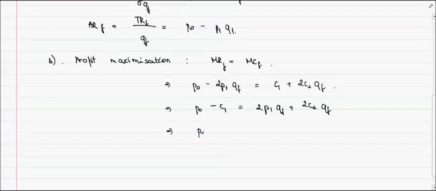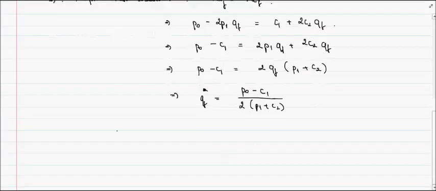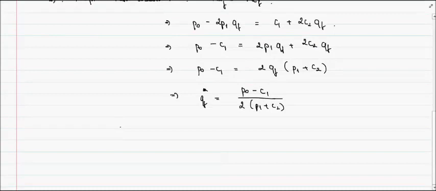And so P0 minus C1, if I take 2 QF outside the bracket, inside I get P1 plus C2. And so therefore QF is going to be equal to P0 minus C1, everything divided by 2 times P1 plus C2. Okay, so this is my optimal quantity that the firm is going to be producing.